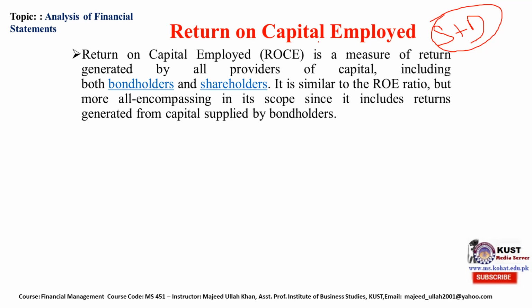It is a measure of the return generated by all providers of capital, including bondholders, shareholders, or any other debt providers. It is similar to ROE but more all-encompassing in its scope, since it includes return generated from capital supplied by bondholders or any debt holders.